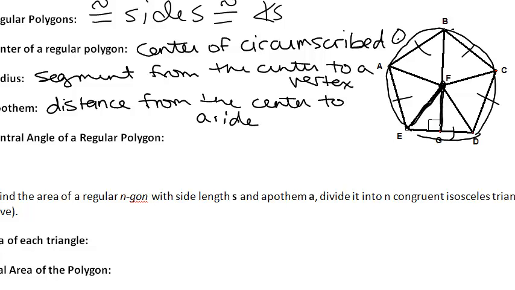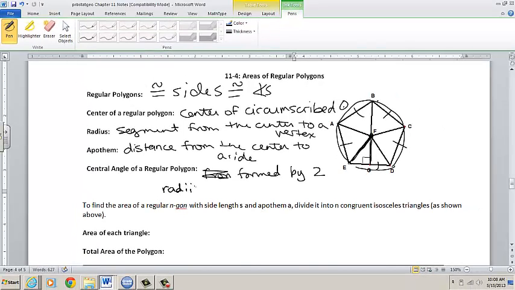And then the central angle of a polygon is formed by two radii drawn to consecutive vertices.